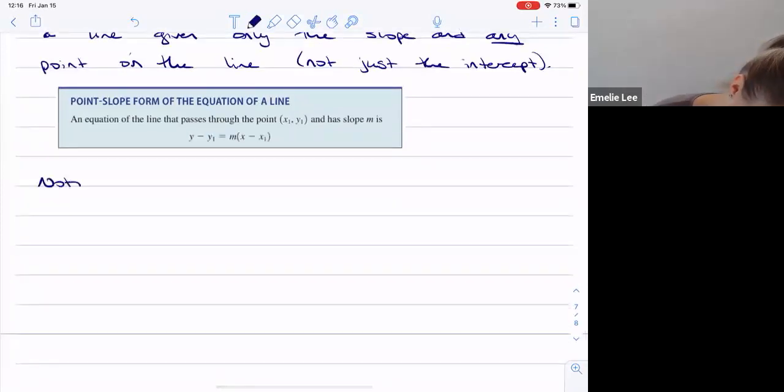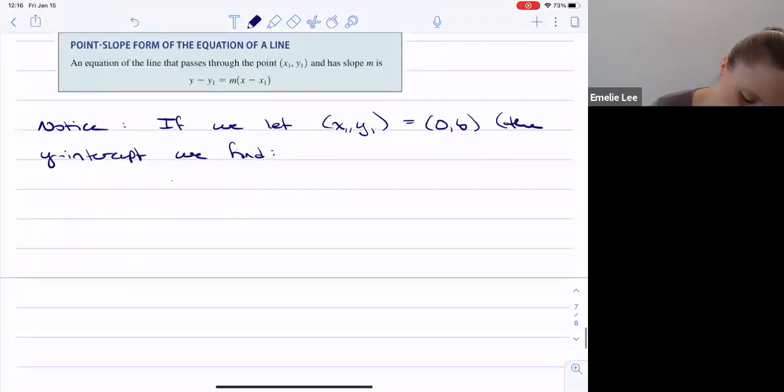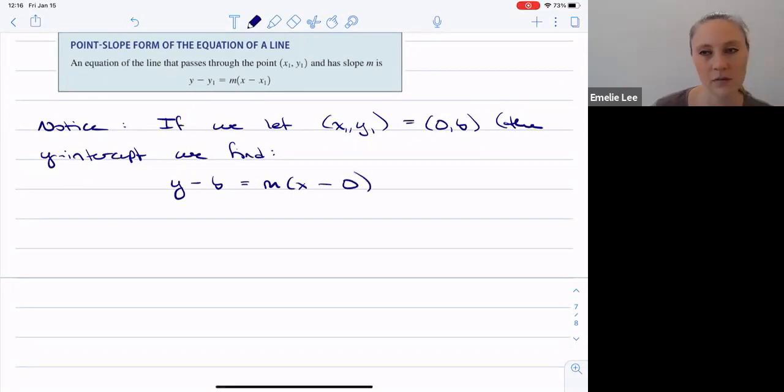Notice if we let x1, y1 be 0, b, the y-intercept, we find that y minus b, since y1 would be b in this case, is equal to m times x minus 0, which is our x1.